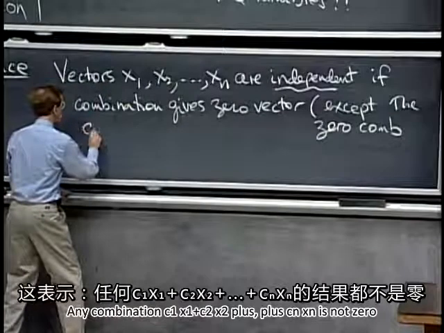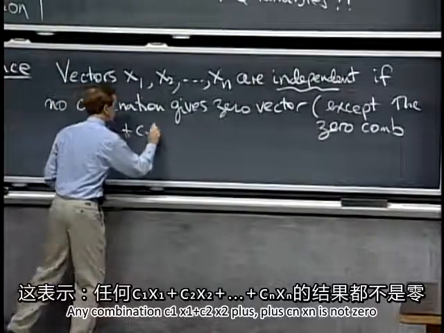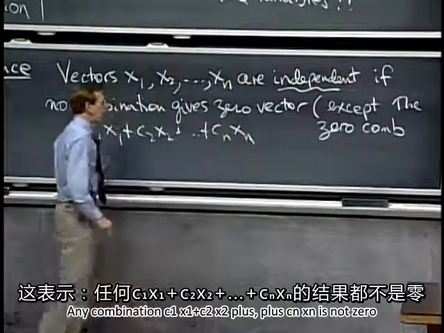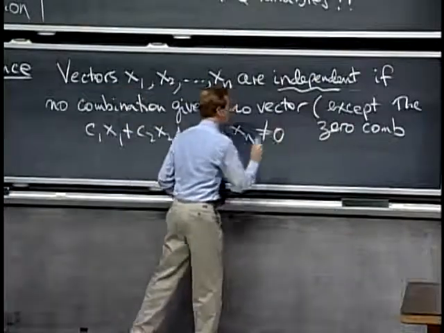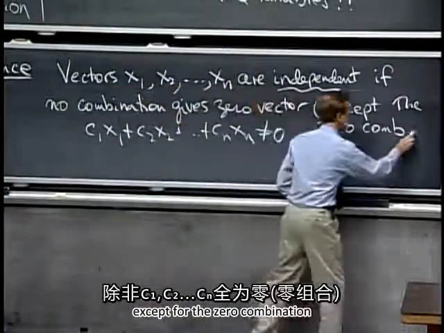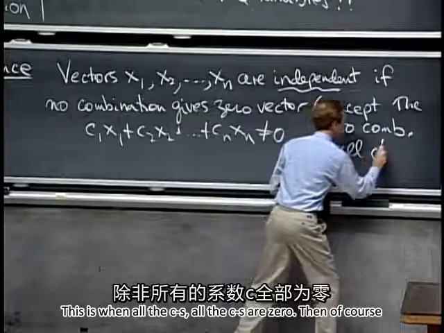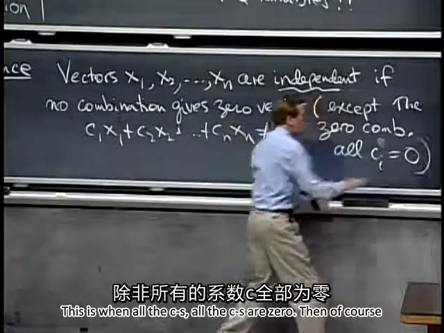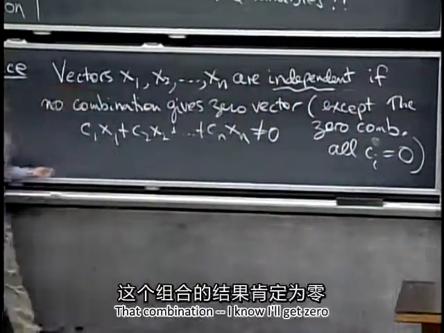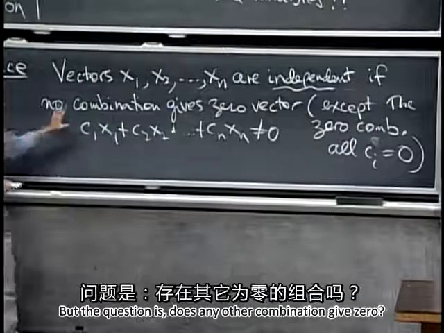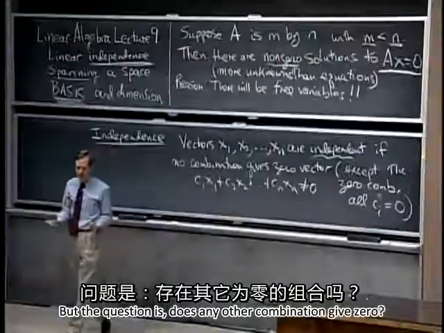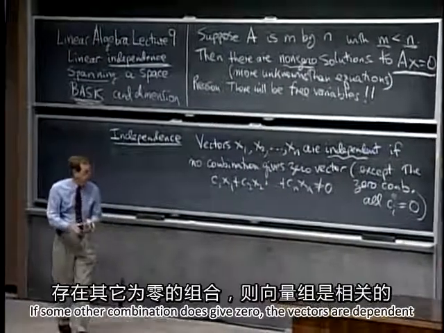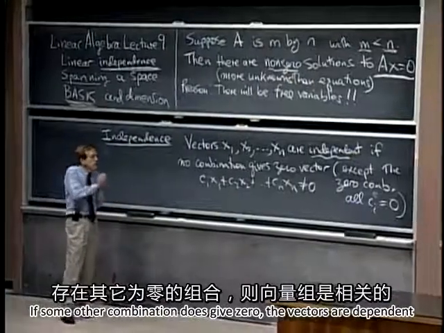Any combination c1 x1 plus c2 x2 plus up to cn xn is not 0, except for the 0 combination. This is when all the c's are 0. Then, of course, that combination, I know I'll get 0. But the question is, does any other combination give 0? If not, then the vectors are independent. If some other combination does give 0, the vectors are dependent.